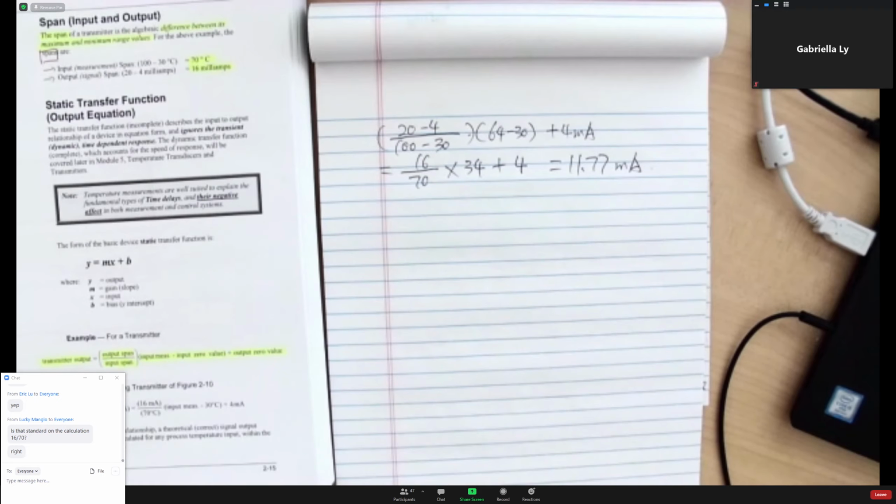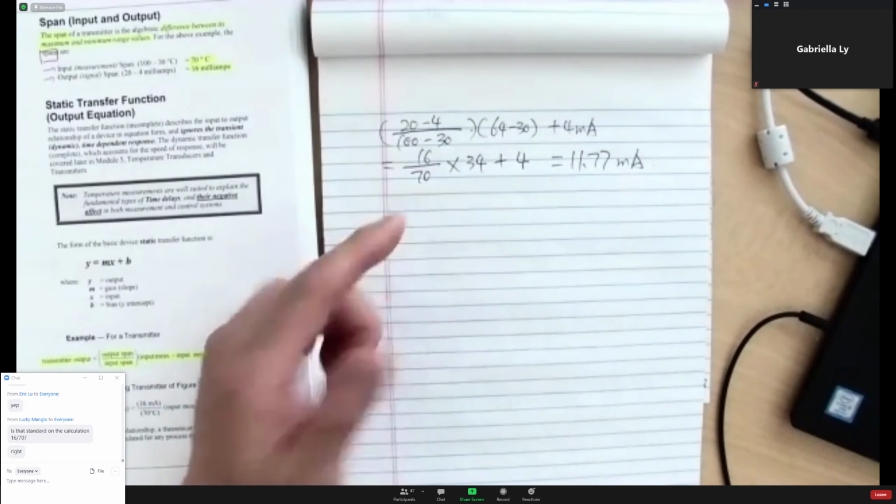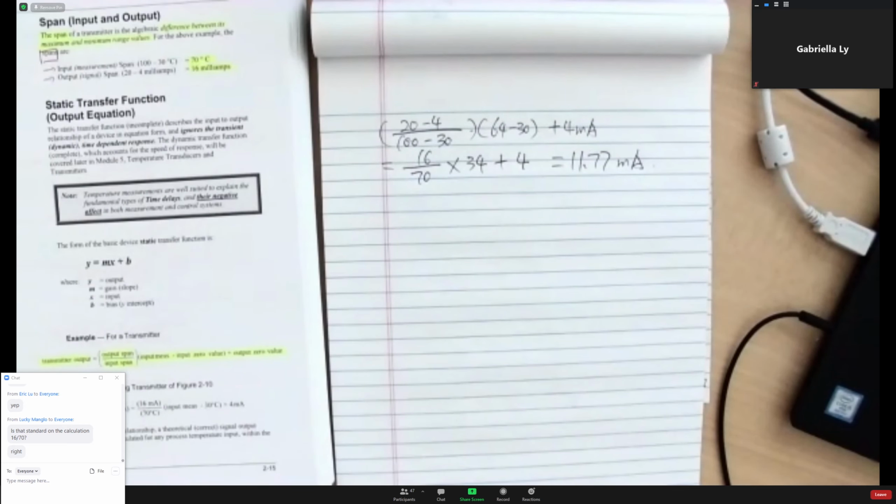So your output is 16 milliamp, input is 70 degrees. So for the same question, you're always going to be this value. Okay.